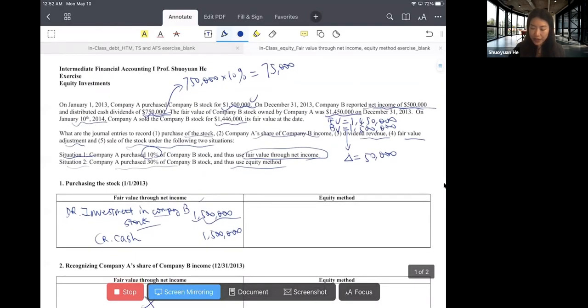And on January 10th, company A sold company B stock for 1.446 million, so the fair value now is 1.446 million. We need to adjust the book value of the stock at January 10th to its new fair value. The difference now is we need to adjust it down further by 4,000.